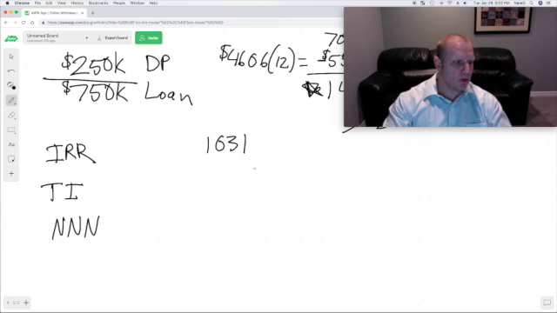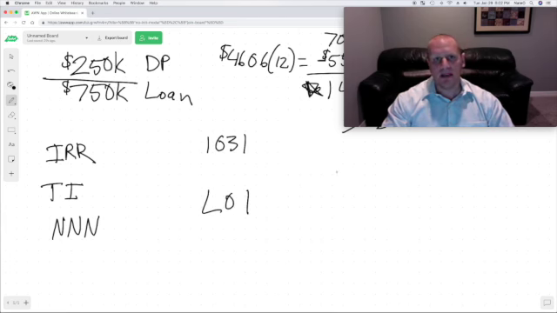The last term we will talk about is the LOI, and these are non-binding legal documents when you are making offers on properties or trying to lease a space.